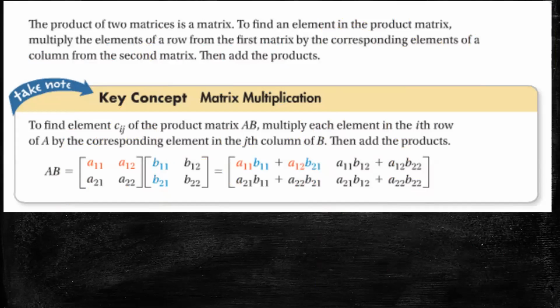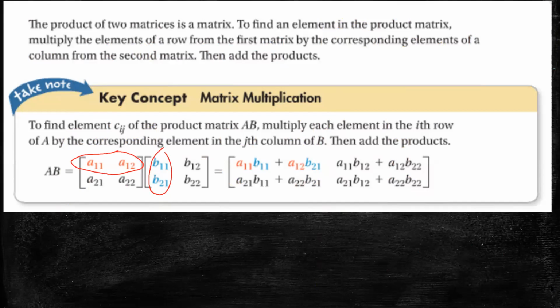The product of two matrices is a matrix. To find an element in the product matrix, you have to multiply the first row with the first column.